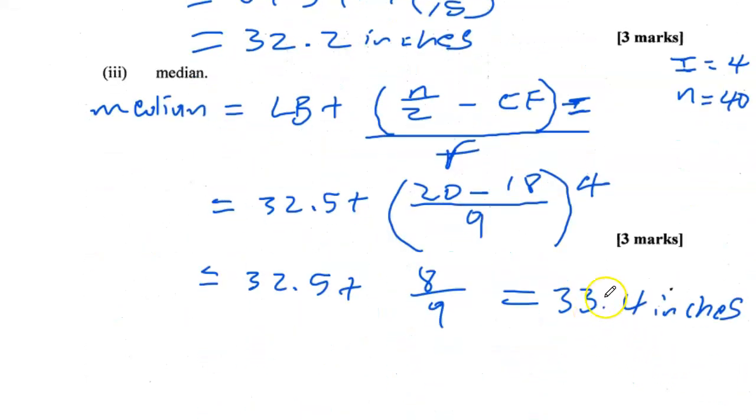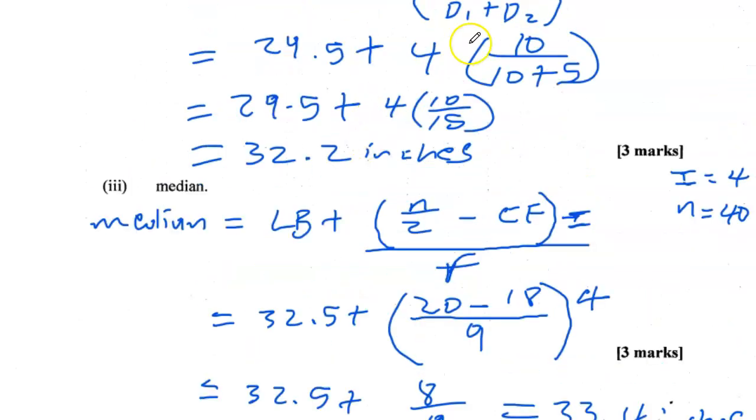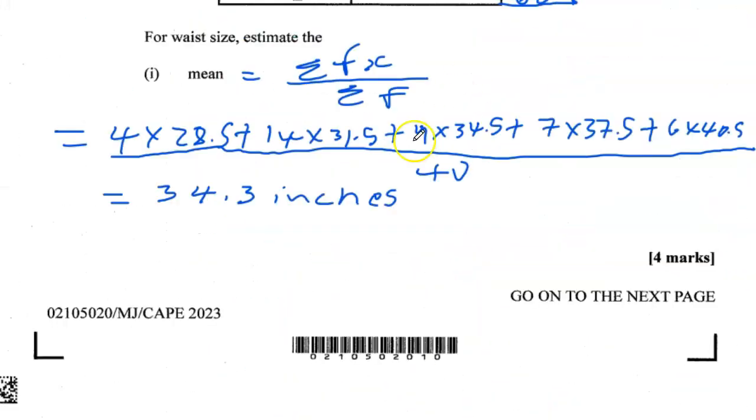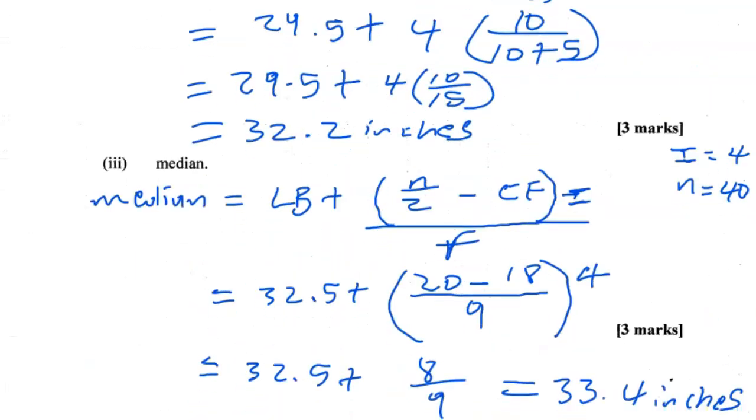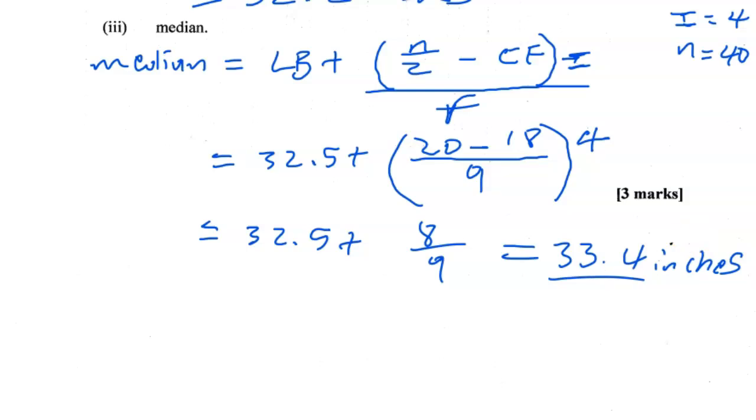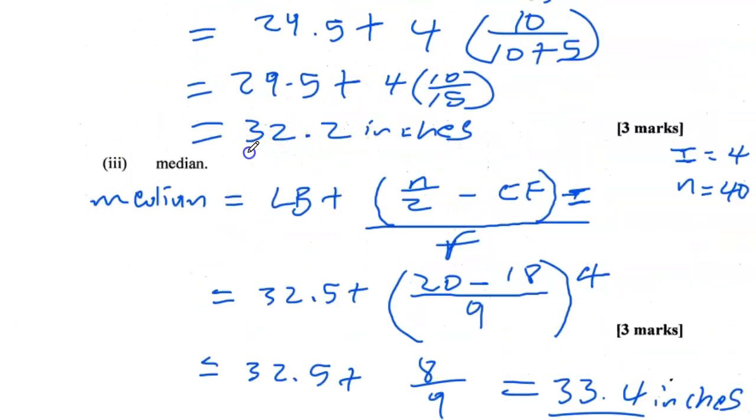The median was 33.4. And the mode was smallest. So notice the mean was the largest value, 34.3. So the mean was larger than the median, and the median was larger than the mode.